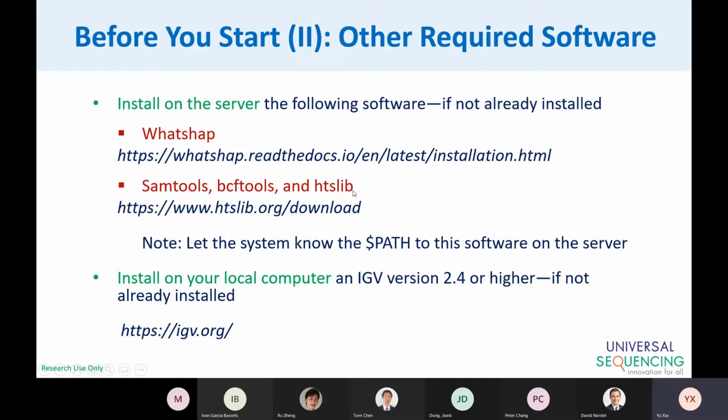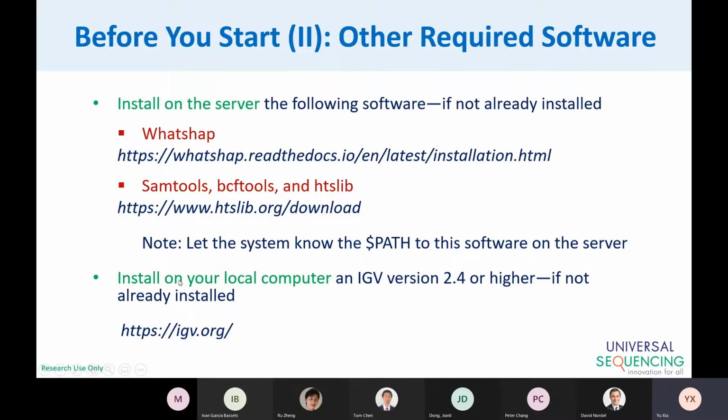If your server has not installed those dependencies, please follow those links to download and install them on your server. And also, please update your PATH variable so that the Perl script will automatically locate those dependencies.